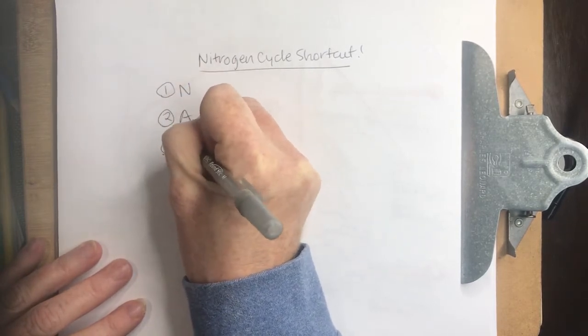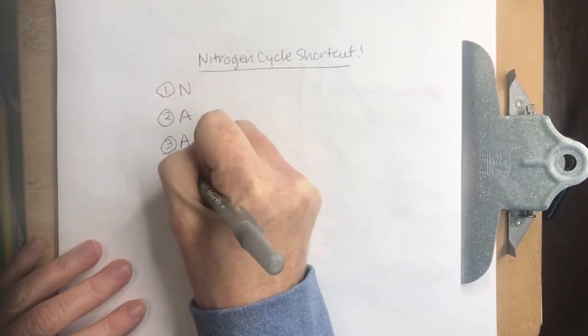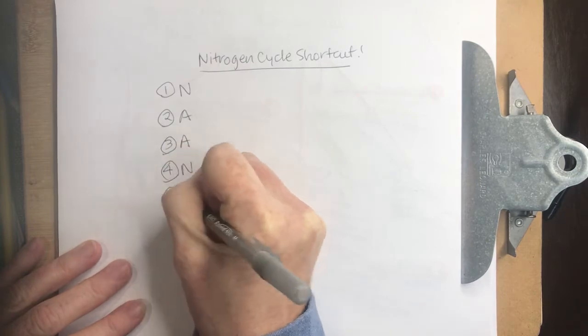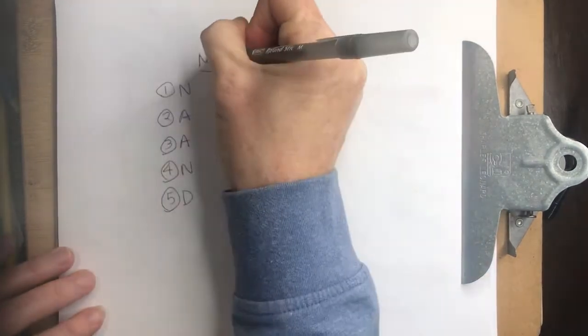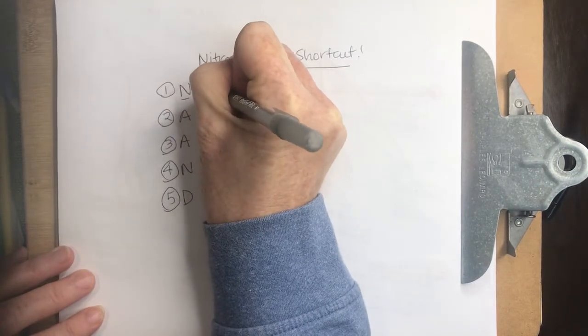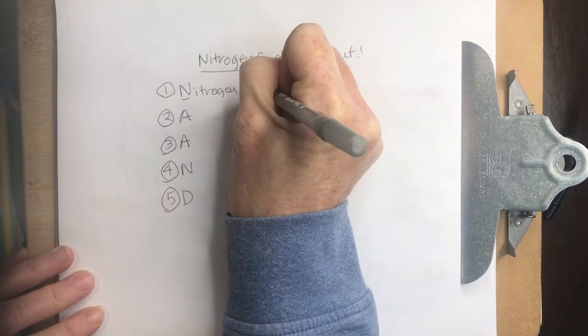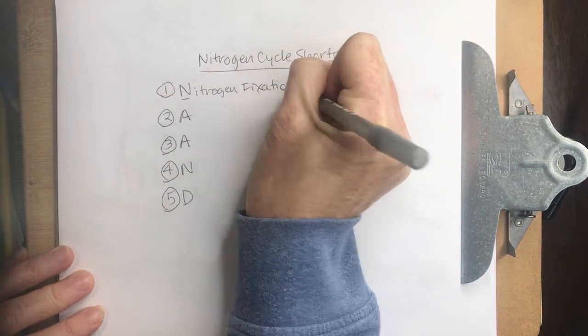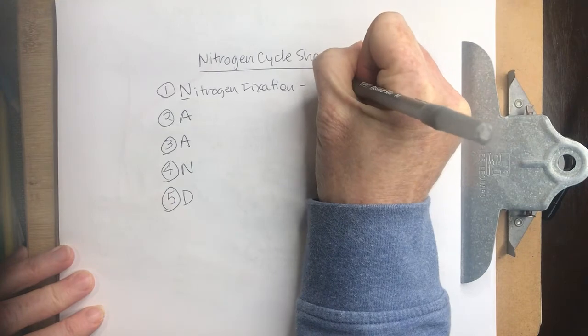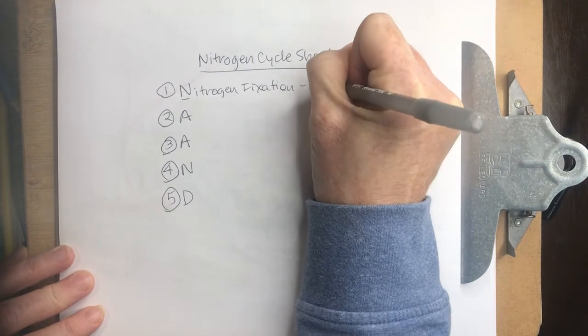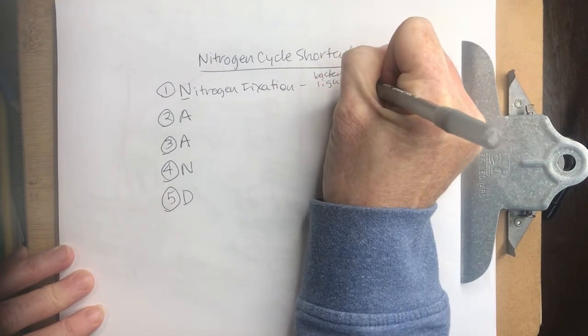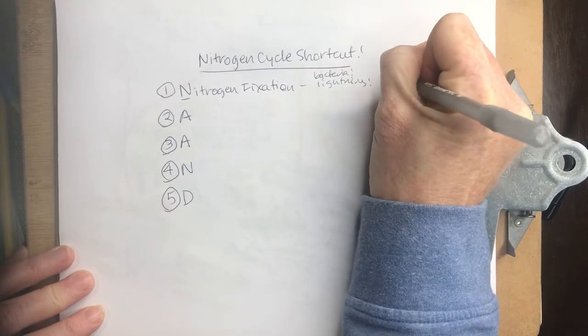N-A-A-N, and then D, non-D. Okay, so N, nitrogen fixation. Three ways: bacteria, lightning, or fertilizer production.